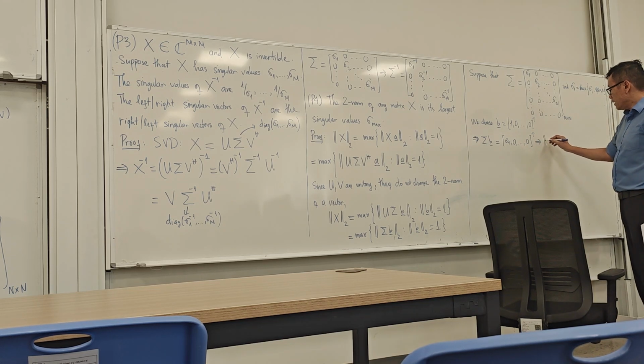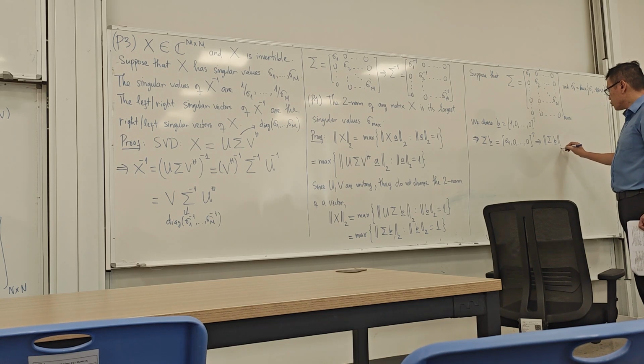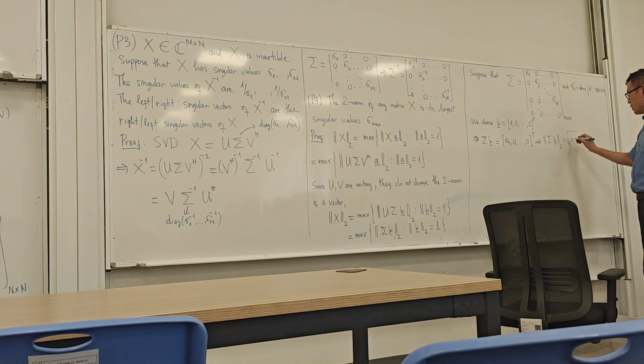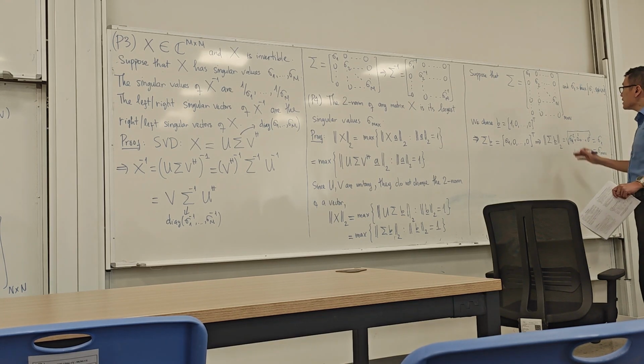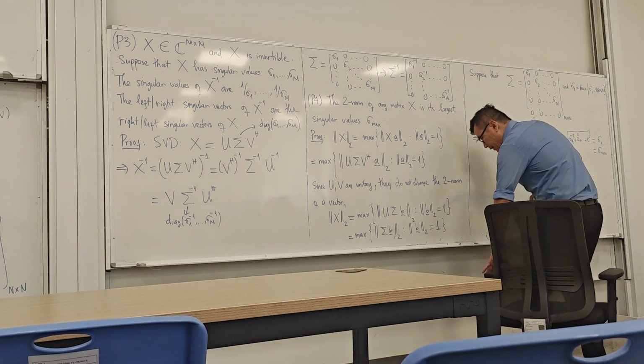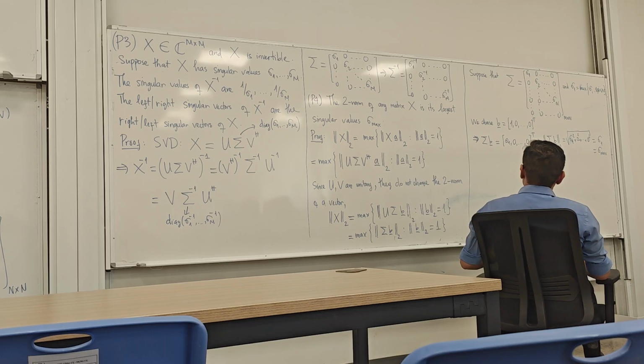Therefore, in this case, the L2 norm of sigma b equals the square root of sigma 1 squared plus 0 squared plus so on plus 0 squared, which equals sigma 1. And that is sigma max, the biggest, because here we suppose sigma 1 is the biggest singular value.